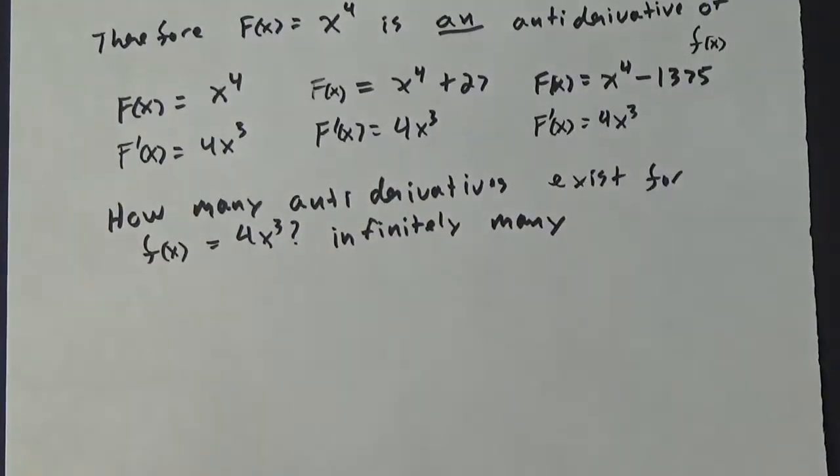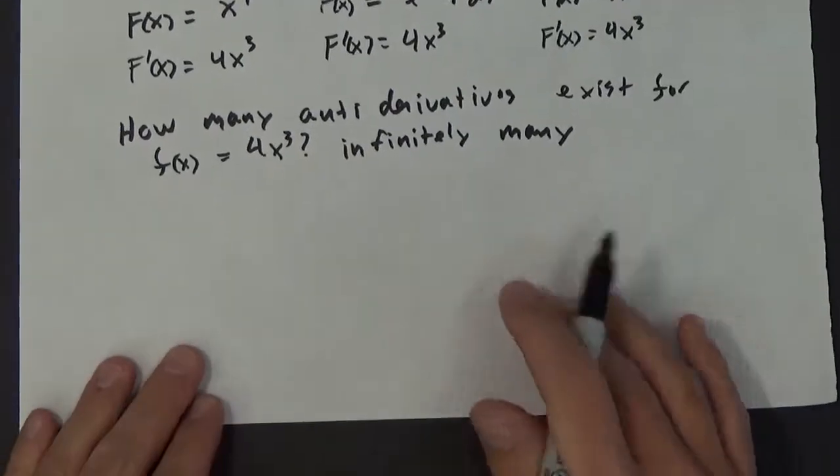All right, so obviously we're not going to sit there and write an infinite number of solutions, so we've come up with a way in calculus to indicate this infinite number of solutions. And to do that, we are going to add a constant c. So let's go ahead and write that out.